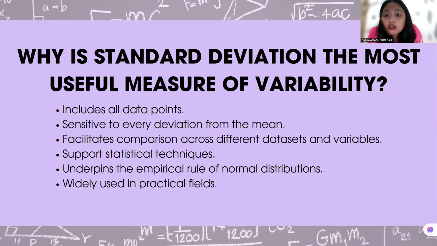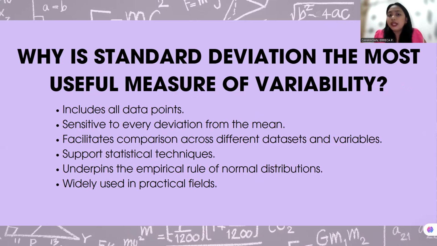It facilitates comparison across different datasets and variables, and supports statistical techniques like hypothesis testing and also probability estimation, if I am right. Next, it underpins the empirical rule in normal distribution, aiding in the interpretation of normal distribution. So it is widely used in practical fields.